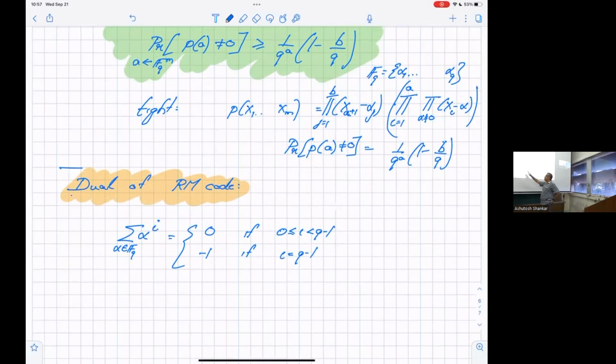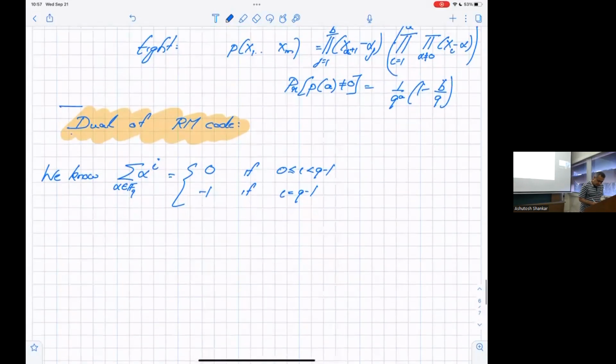What we will have to further do is not just take this univariate sum. Here, we summed over all points. We will eventually have to take a monomial and sum it over all points in F_q to the m. So this is what we know. Now let's ask the same question. Take alpha_1 to the power e_1, alpha_2 to the power e_2, up to alpha_m to the power e_m.